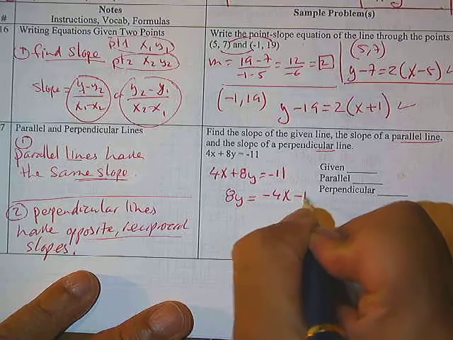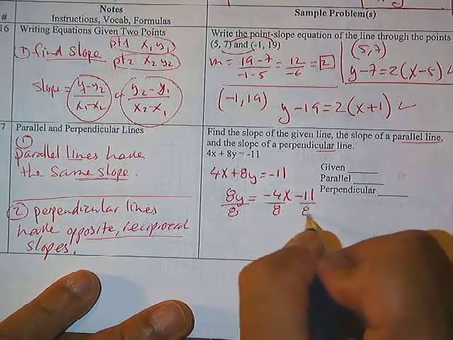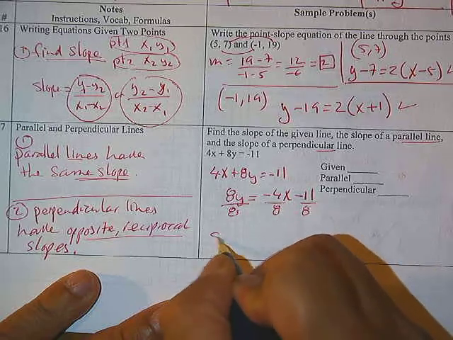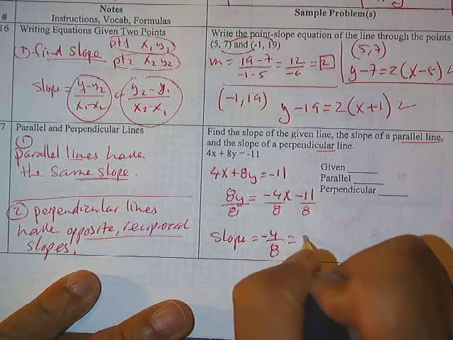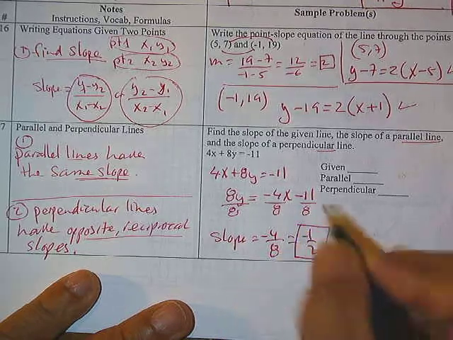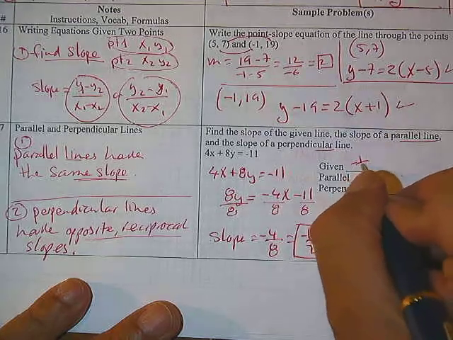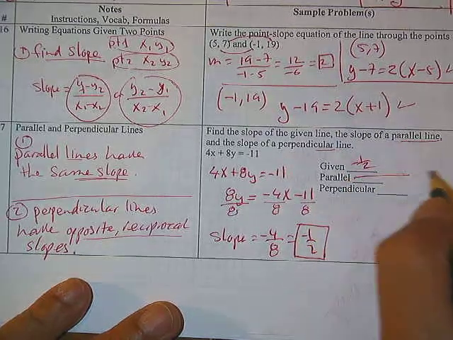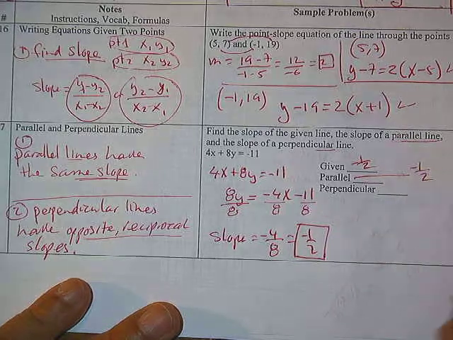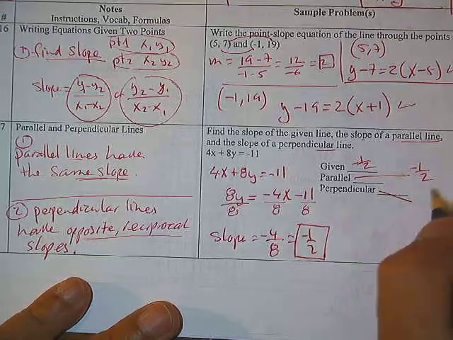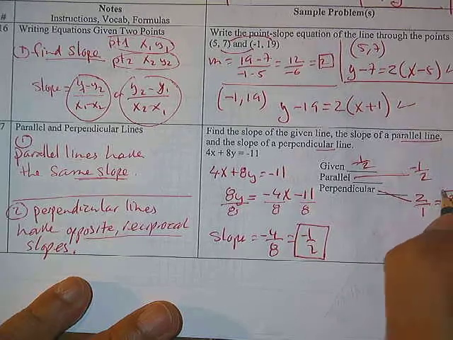So we have 4x plus 8y is equal to negative 11. I don't know the slope by just looking at it, so I have to put it in slope-intercept form. So I'm going to start out by subtracting 4x from both sides, and then I'm going to divide by 8. So you can see that the slope is negative 4 over 8, or negative 1 over 2.